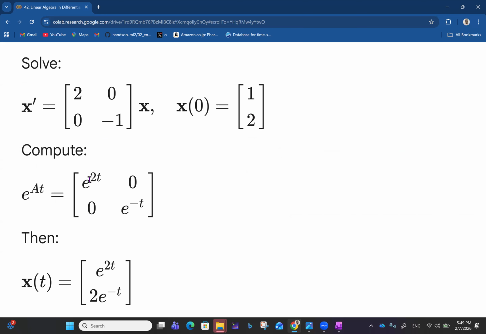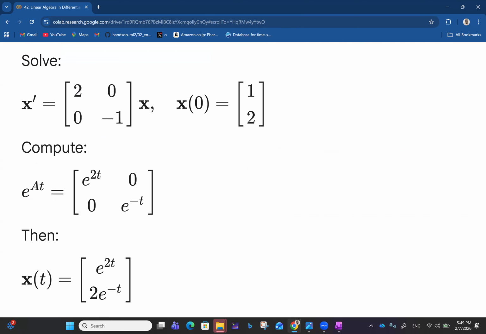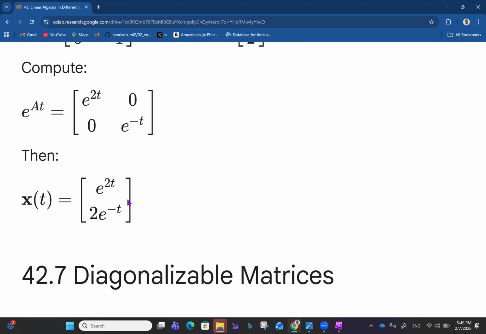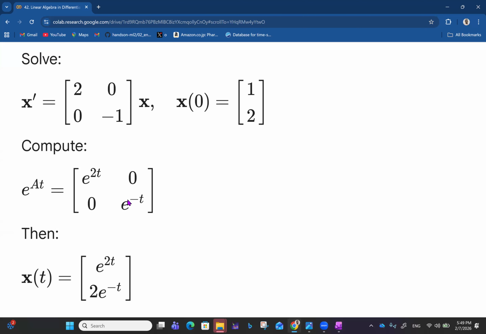So for 2, you have e raised to the power 2t, and for minus 1, you have e raised to the power minus t. Then x of t itself will be e raised to the power 2t, then 2 e raised to the power minus t, based on all these. So that's how x of t goes in that case, because of course that's the initial condition.